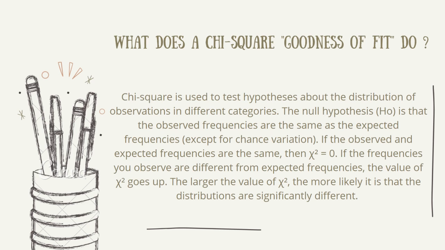If the observed and expected frequencies are the same, then the x2 is equal to 0, and that is quite unique. If the frequencies you observe are different from the expected frequencies, the value of x2 goes up, or as they say, increases.